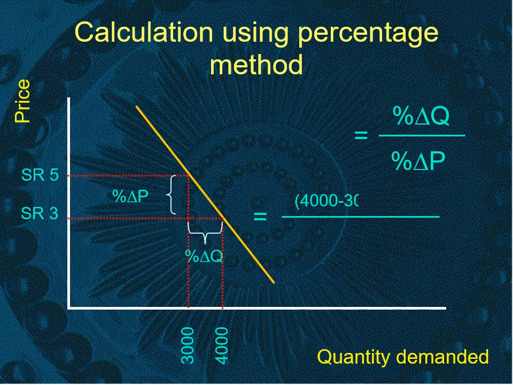So 4,000 minus 3,000, the change in the quantity demanded, divided by 3,000 to get the percentage. That's divided by 5 minus 3 divided by 5. And all of that will equal 1,000 over 3,000, and that's divided by 2 over 5. So 0.33 divided by 0.4, and that equals 0.83.